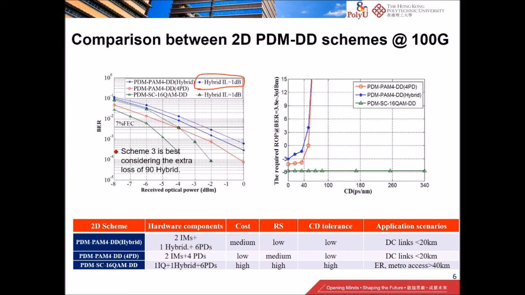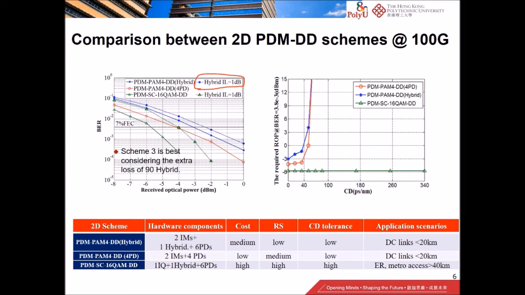If you take the 7% efficiency threshold as a benchmark, you can see that with practical hybrids, the receiver sensitivity is pretty good for the case with only photodiodes and no hybrids. So in terms of the receiver sensitivity, the trend is that it is desirable if you can avoid even using the 90-degree hybrid.